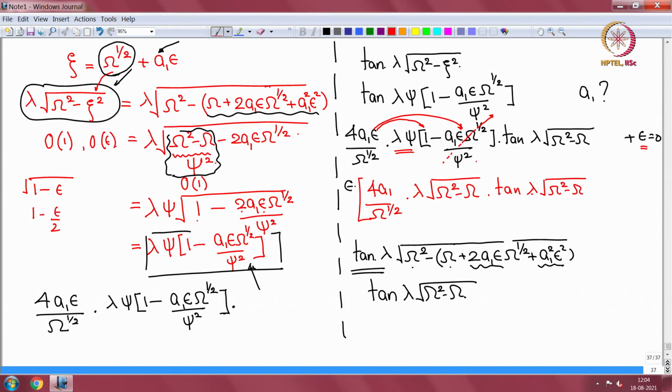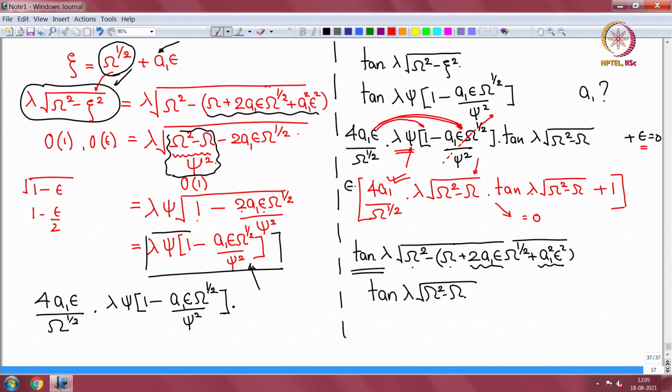That's the same thing that happened here. I just showed you how its second epsilon comes and which is neglected because I get epsilon square. Otherwise I have square root of omega square minus omega right here, plus 1. So the coefficient of epsilon now must be set to 0. We set it to 0, and I will find my A1.